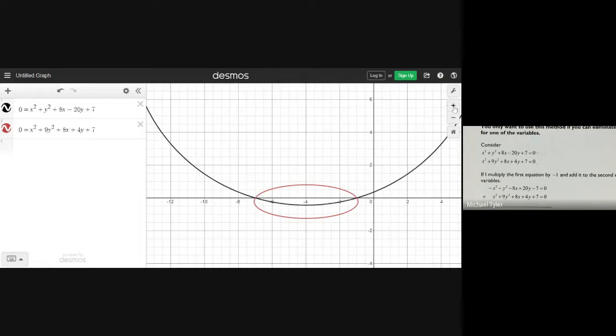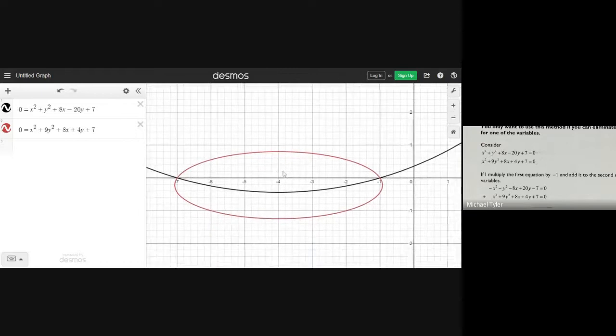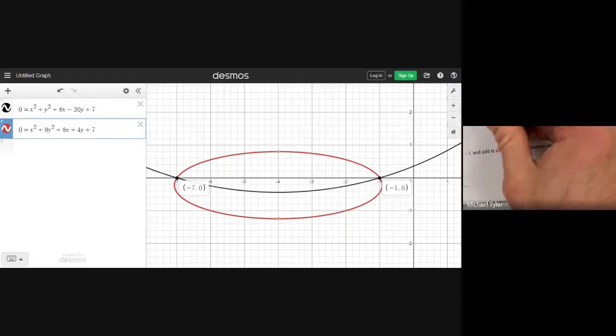So we're going to scroll in. All right? And it crosses here. Right there. And there. Okay? So our answers are going to be -7, 0, and -1, 0. Okay? All right.